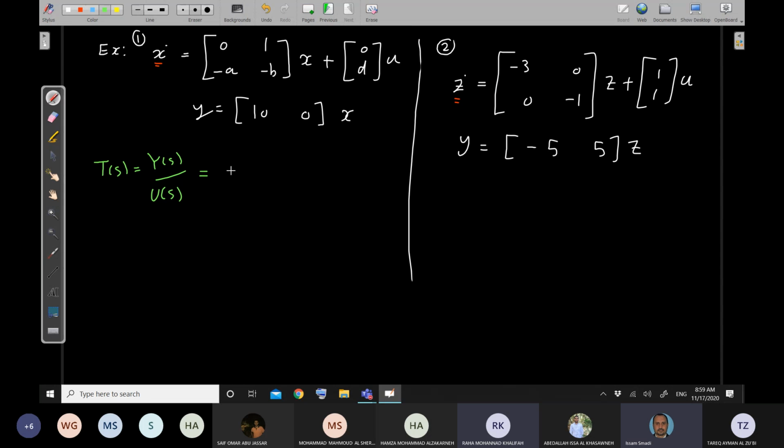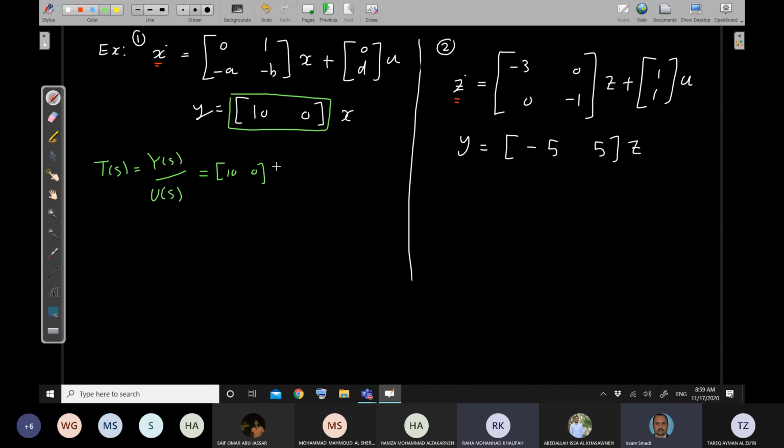Okay, let's do the math. So the first thing, I will multiply C. Where is C? 10, 0. Yeah, thank you. This is the C. So here I will write 10, 0, multiply by what? S. Yeah.